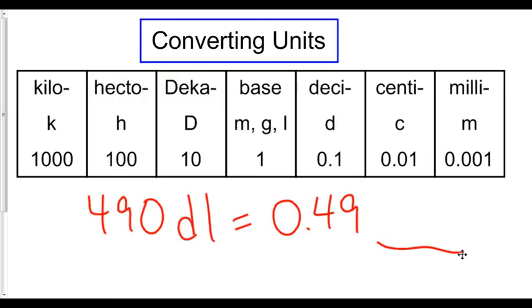If I have 490 deciliters here, right, I'm here at deciliters. Now to get from 490 to 0.49, I move my decimal point over 1, 2, 3 times. So from deci, if I move to the left 3 times, because I move to the left in this number, it's going to be 1, 2, 3. So that would be hectoliters. So that's why this chart is really helpful to have.